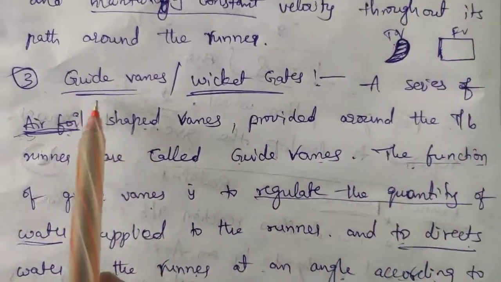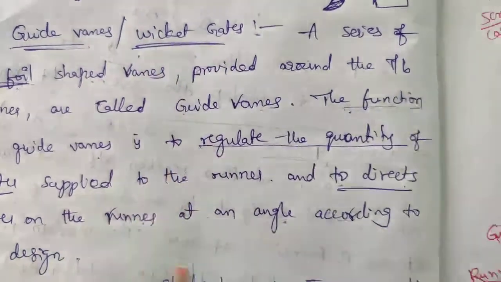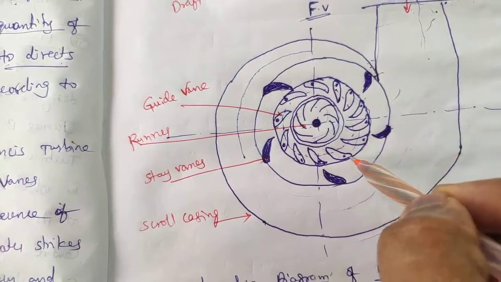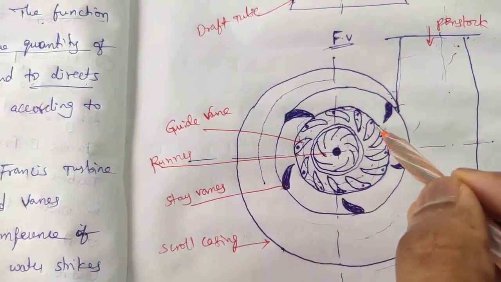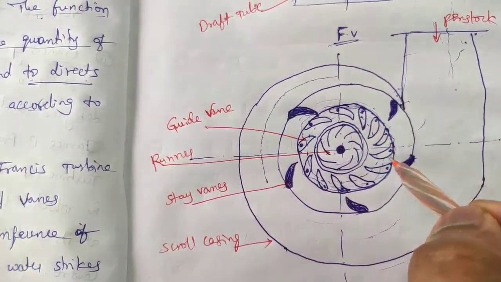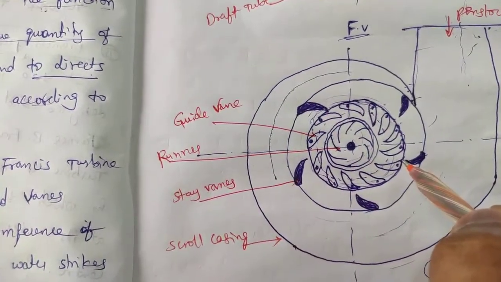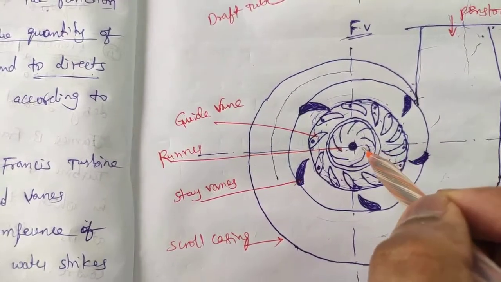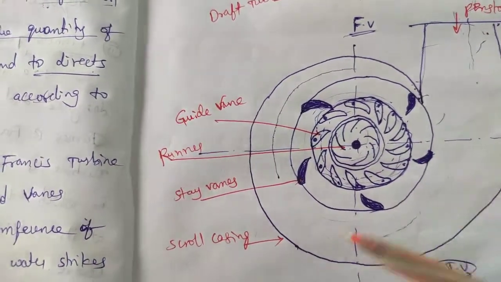Also these guide vanes are called fixed blades. Why? Because these guide vanes are fixed over the guide ring. This is the guide ring. These guide blades are fixed to this guide ring. So this is not rotated along with the runner. The runner is separate from this guide ring.